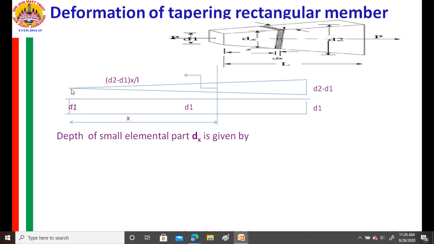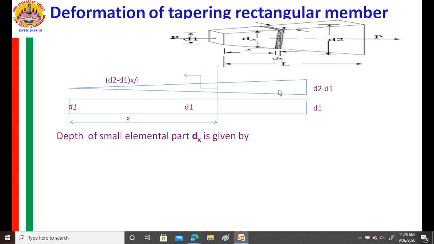Just see here, this triangle and this triangle are similar triangles. I am interested in what this dimension is. For that, use the similar triangle properties. Yes, the sides are in proportion. That is, d2 minus d1 divided by total L is equal to this divided by x.